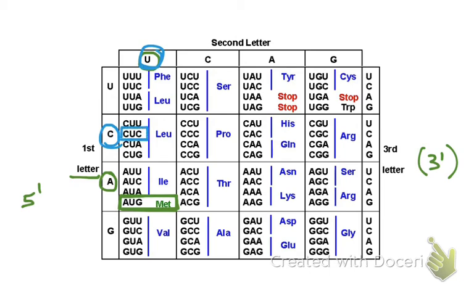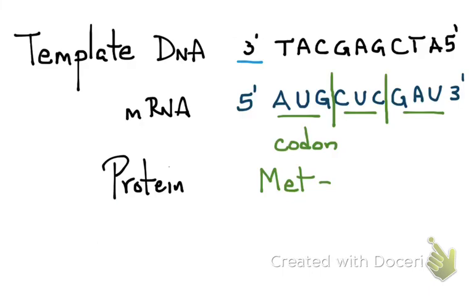And you can see that any of these, CUU, CUC, CUA, and CUG, all encode for the amino acid leucine. And so there's some redundancy in this code. So let's go back to our previous slide again. Our second amino acid is then going to be the amino acid leucine, or LEU.